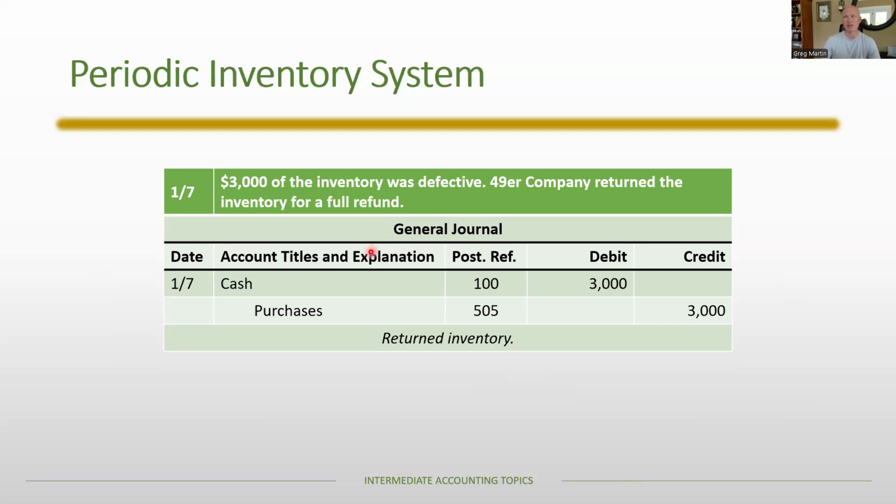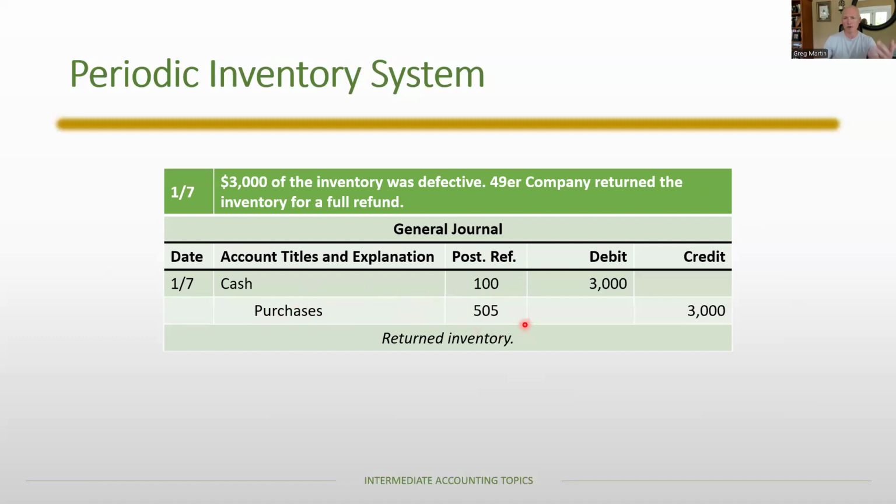Sometimes you'll see, instead of purchases, purchase returns as a separate account. It'd be like 506 or something like that. Either one's acceptable. For this section, we're just illustrating the idea that we're tracking everything within the purchase account. But you could just as readily have purchases in one account and purchase returns in a separate, also temporary, expense type of account.